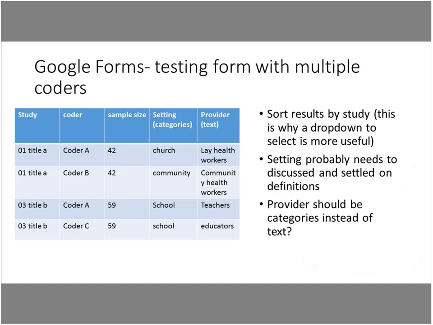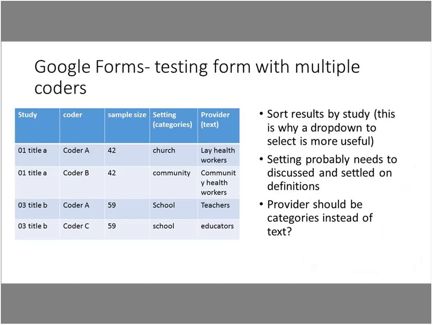So when I looked at the setting, we had categories already set, but maybe we need some definitions of what they mean, because for study number 1, coder A said that it was a church and coder B said it was community. And so maybe we need some definitions in there to make sure that we're clear.